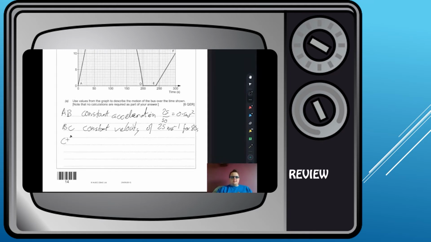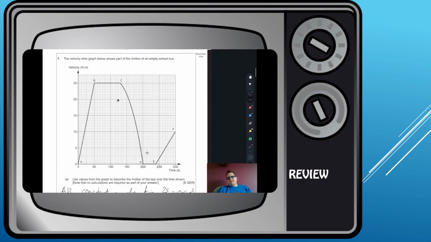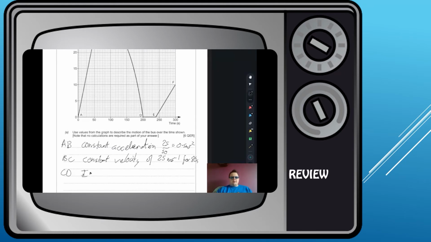Okay, between C and D, we're going to have deceleration. Now, if we look at this, that line's getting steeper, so we probably could put increasing deceleration. And we've gone from 25 to 0 in 70 seconds.